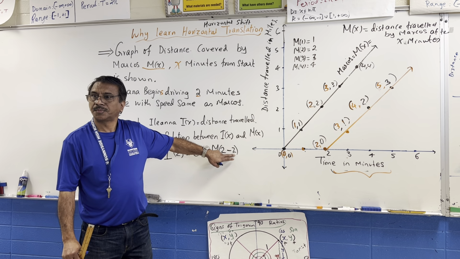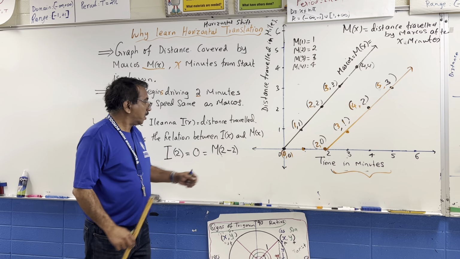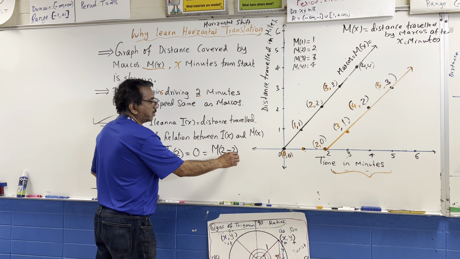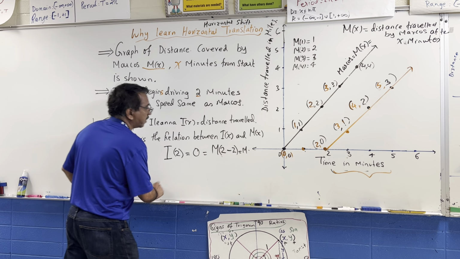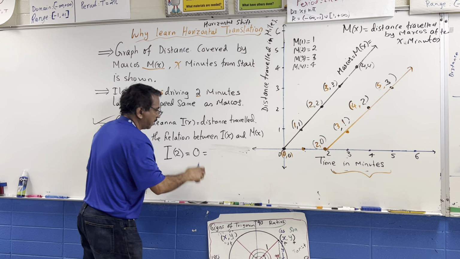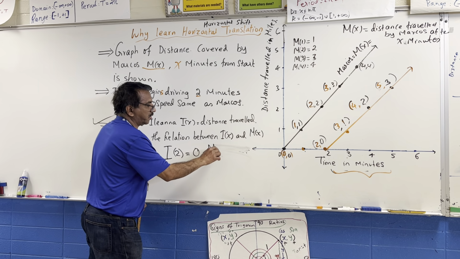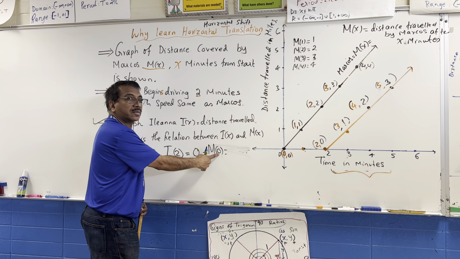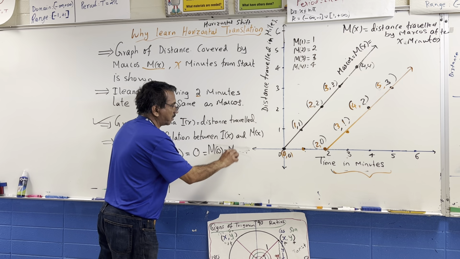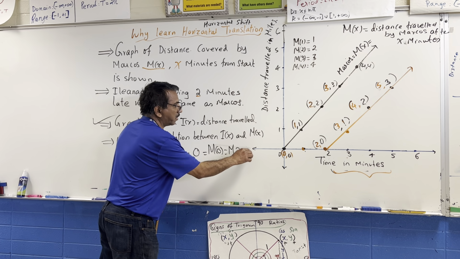Correct? So this is 2 minus 2, which is equal to m of 0. Or instead of writing this, let's write this is the same as Marcus's distance when he was at 0, which is 2 minus 2.